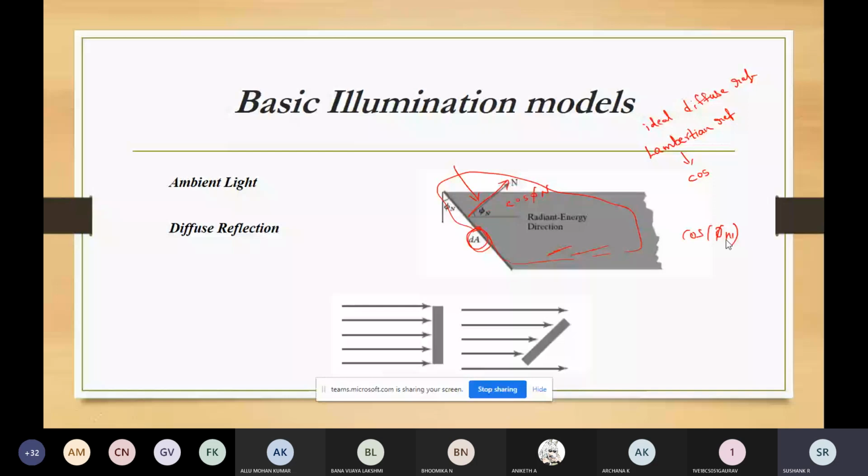Now you can even calculate the intensity of the light. The intensity of the light in this direction is given as the radiant energy per unit time divided by the projected area of the surface in the radiant direction.